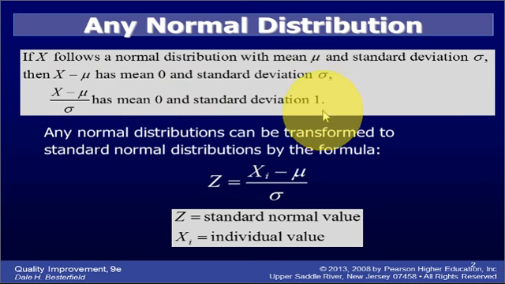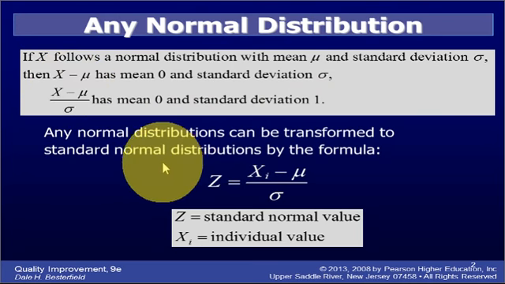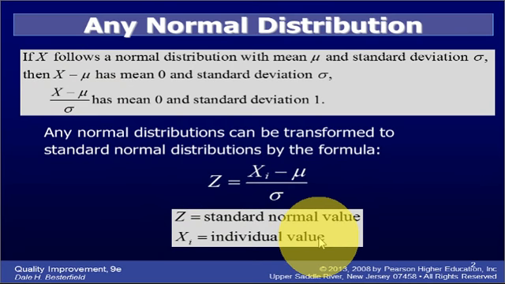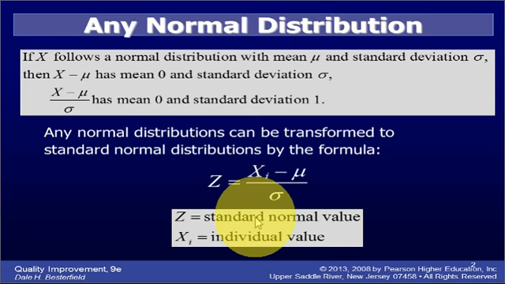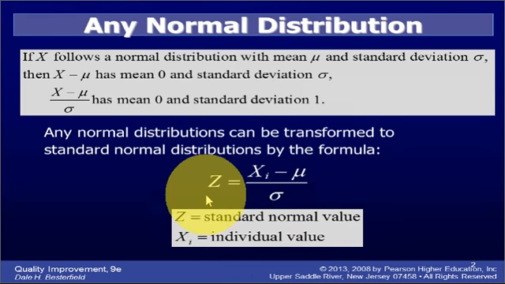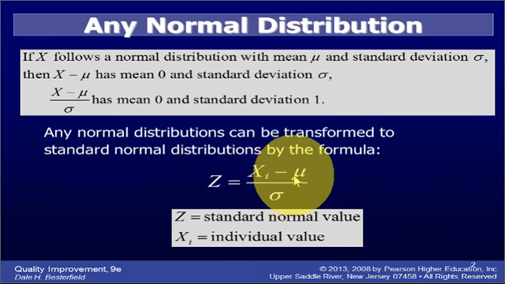Now we have transformed any normal distribution to a standard normal distribution, and we have this formula. x_i is an individual value that follows a normal distribution with mean mu and standard deviation sigma, and z is the standard normal value. You need to use this formula, z equals x_i minus mu divided by sigma, to find the standard normal value.